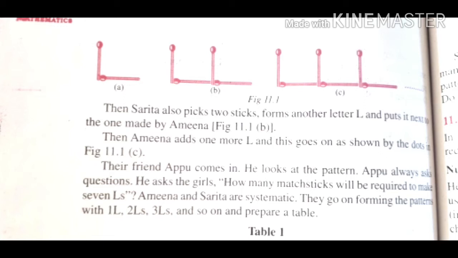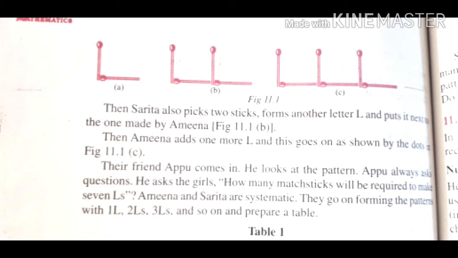Then their friend Apu comes in and asks how many matchsticks are required to make 7 L's. For 1 L, 2 matchsticks are required. For 2 L's, 4 matchsticks are required. So the formula given is: number of matchsticks required is equal to 2 times the number of L's.